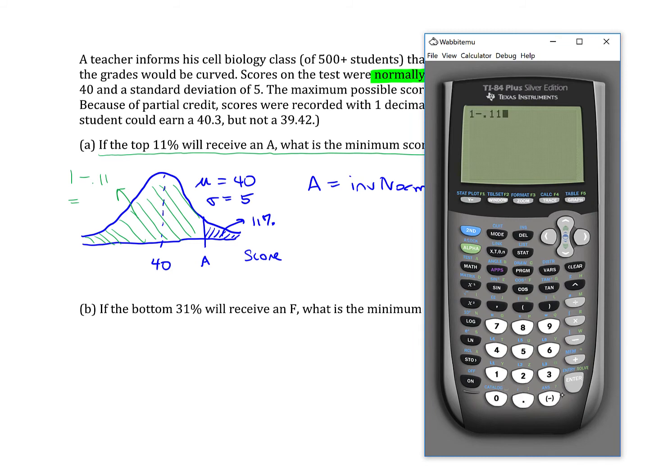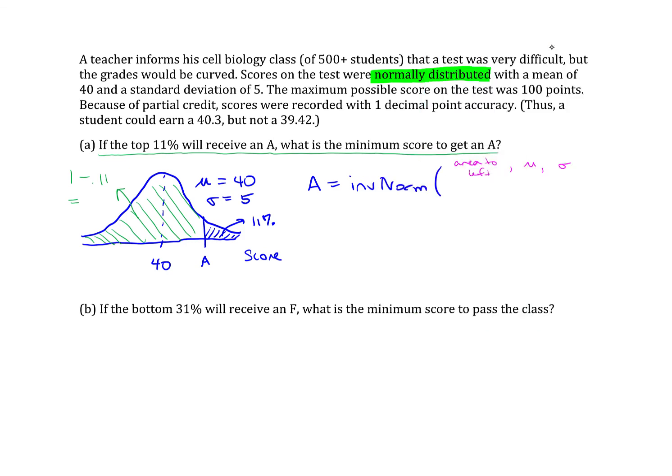Make sure you get the right value. That's all that matters. So 0.89. That's what we're going to give as an input value to inverse norm. It has to be an area to the left. The mean is 40 and the standard deviation is 5.